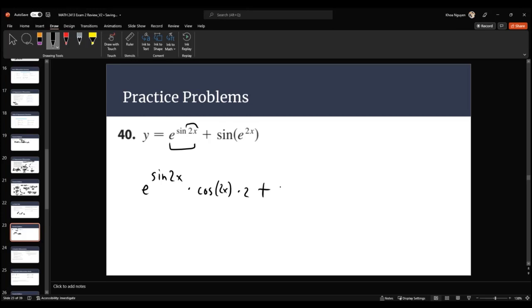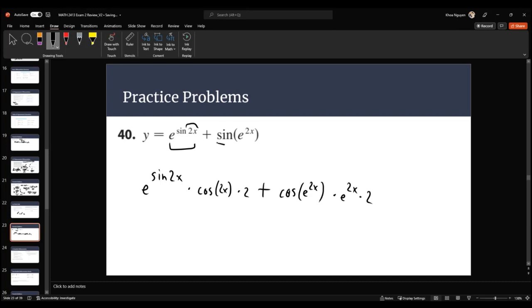On this one, you decided to switch it up on you. And so you would do cosine, because the derivative of sine is cosine, and the inside stays untouched. Then you would multiply by something on the inside, which would be e to the 2x, because powers of e don't change when you take its derivative. And then you take the derivative of the inside of that, which just gives 2.